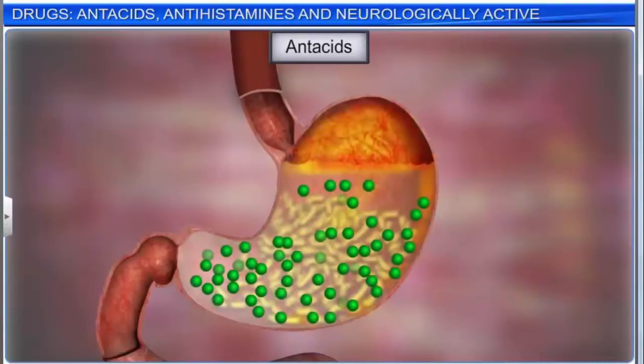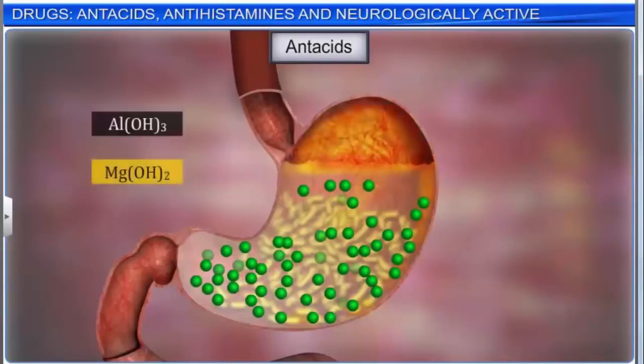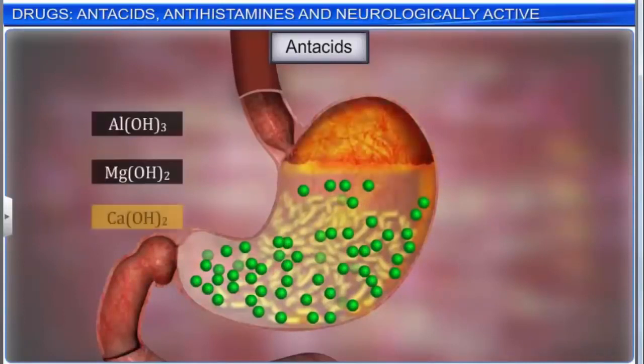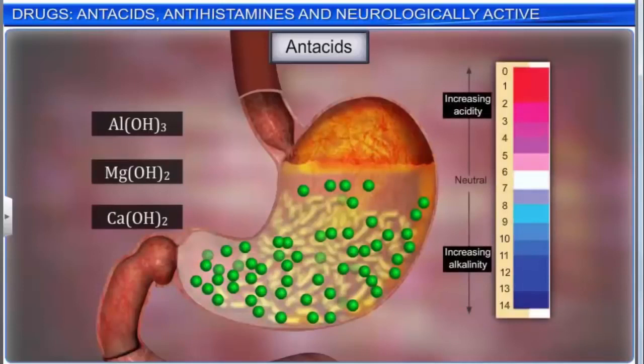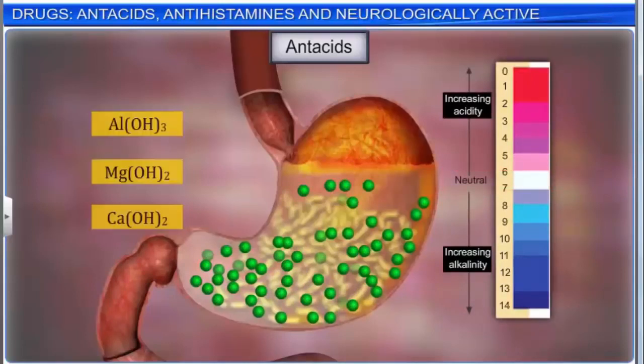Metal hydroxides such as aluminium hydroxide, magnesium hydroxide or calcium hydroxide are a better treatment. This is because they are insoluble in water and do not increase the pH above neutrality. However, because of their mode of action, antacids address only the symptoms of excessive acidity, not the cause.